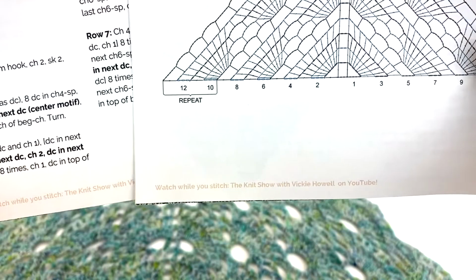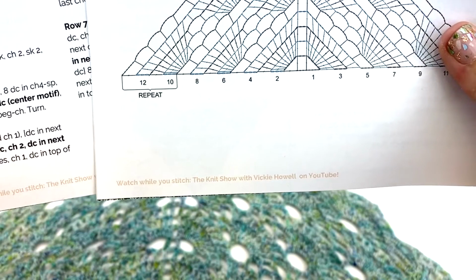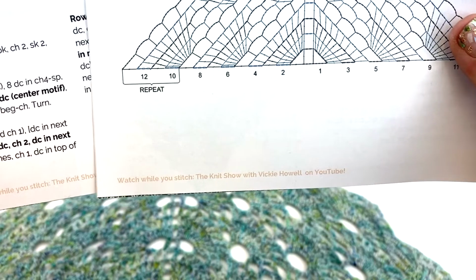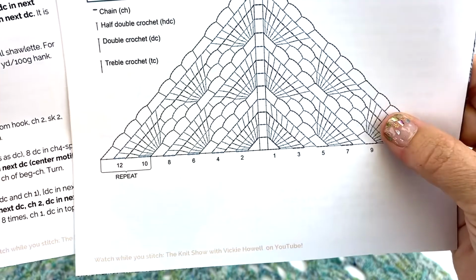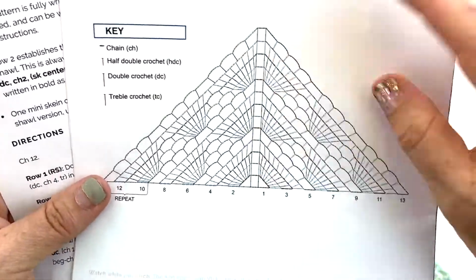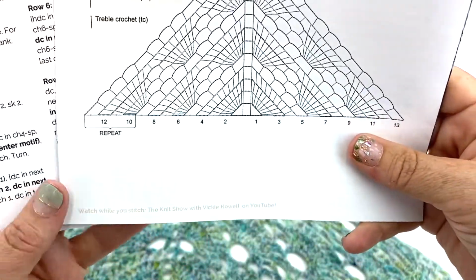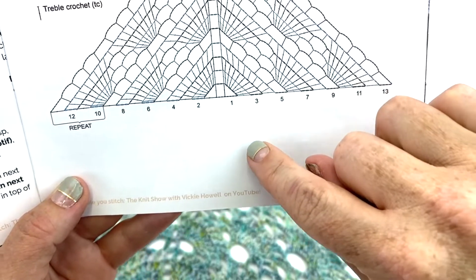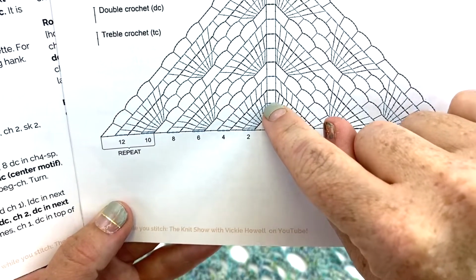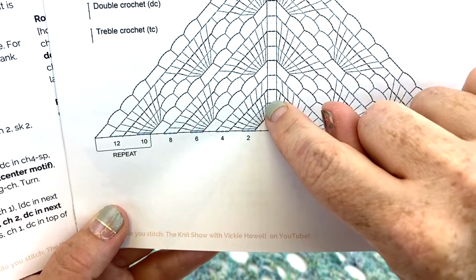All right, and then from there, we are going to create the center motif. And this will stay standard in most pieces like this, where you're working from the center out, where you've got basically a spine. The center stays really consistent. So we are going to do a double crochet, and you can see that here.